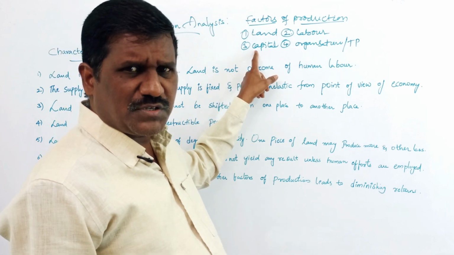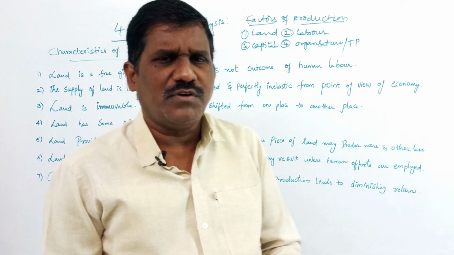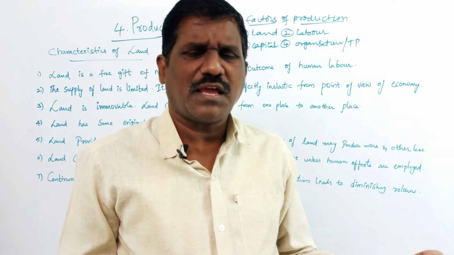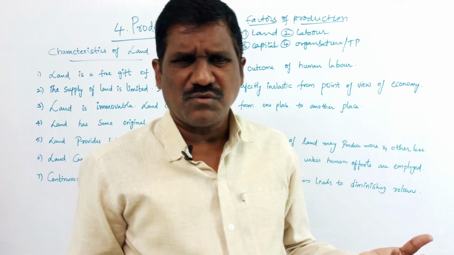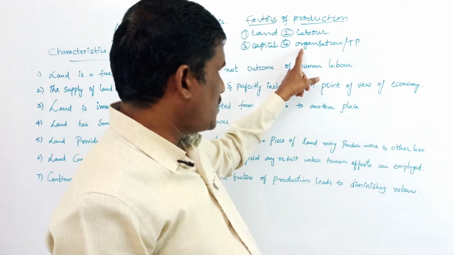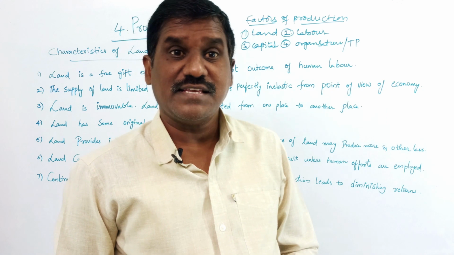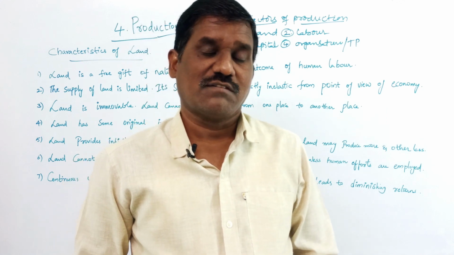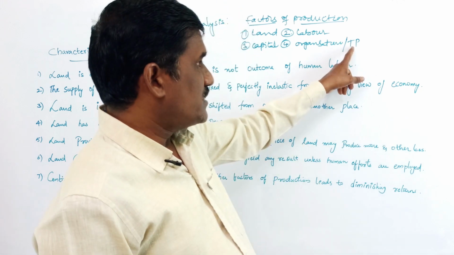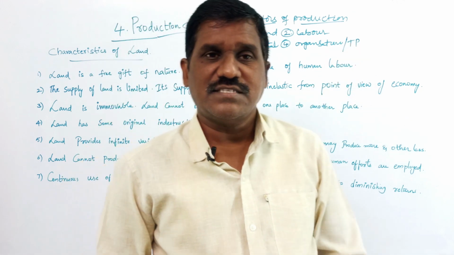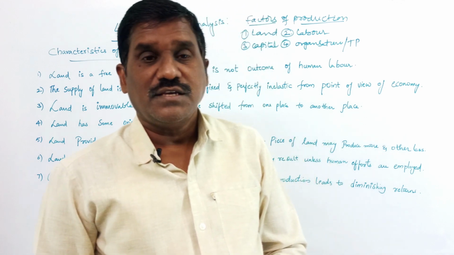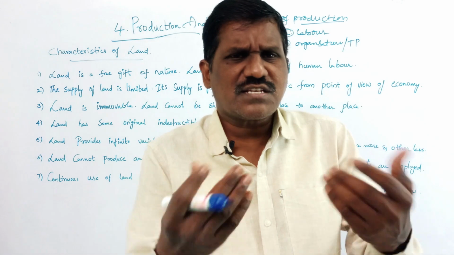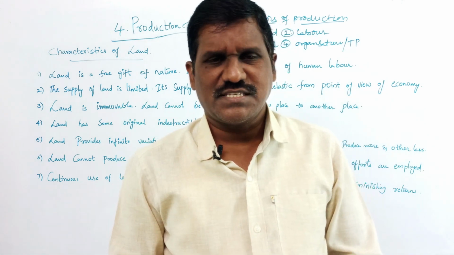Without capital we are not able to imagine how we can produce. No, impossible. And organization, the organizer, is also needed to produce any goods and services. And moreover, technical progress, technology, is also needed to improve the fast growth of goods and services.